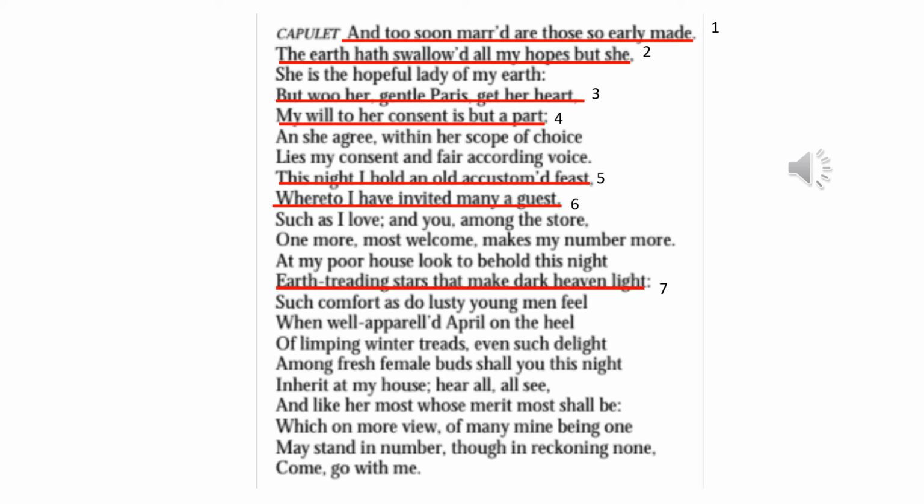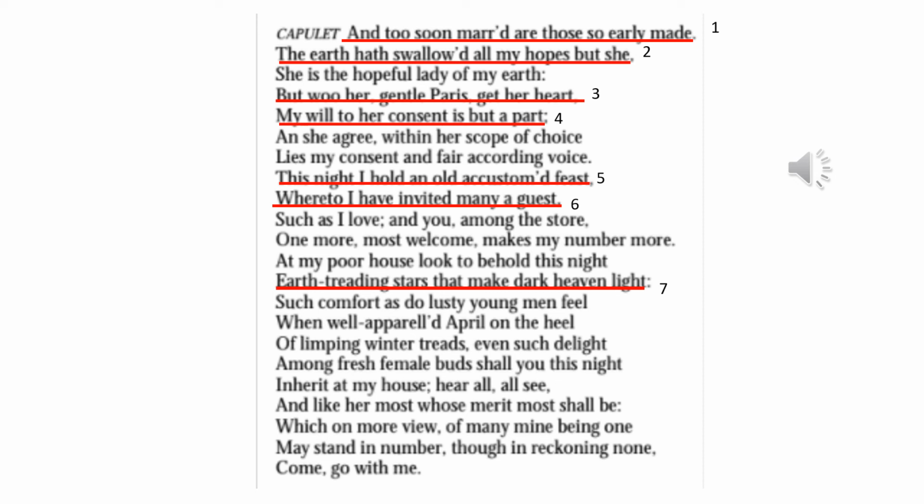And to show that, Shakespeare uses the noun stars. He then uses the adjective earth-treading stars to describe them. Obviously stars don't normally tread on the earth, so it's this idea of women and their beauty being put on a pedestal. So we're going to have these lovely women there, and they will make the darkness of our life heaven light because they will be so beautiful.